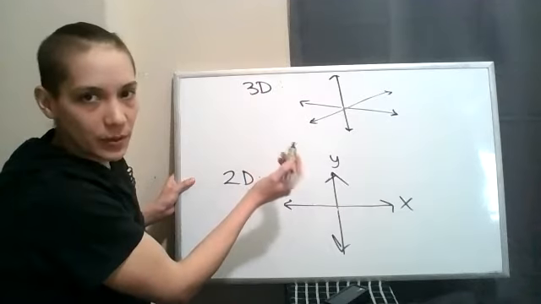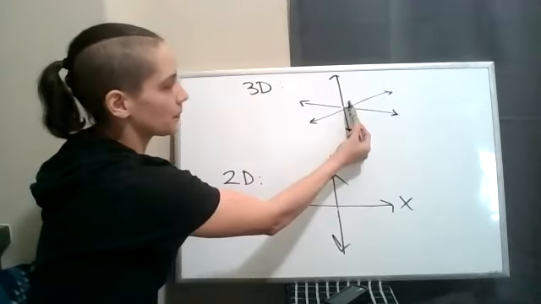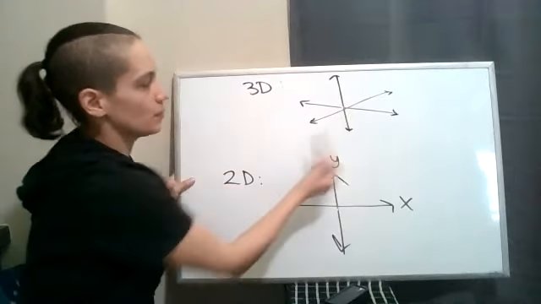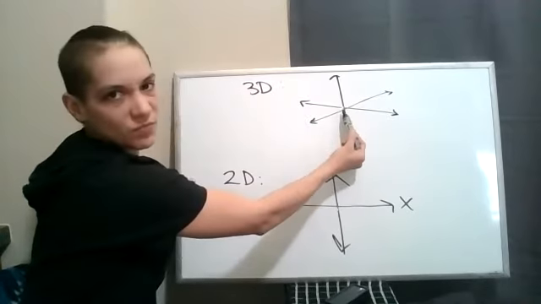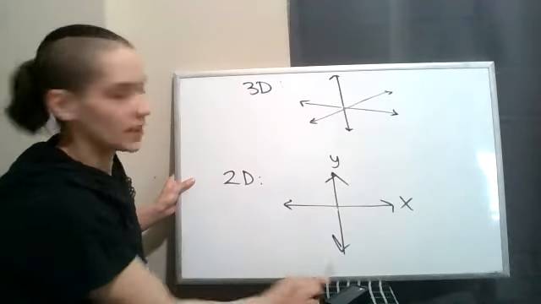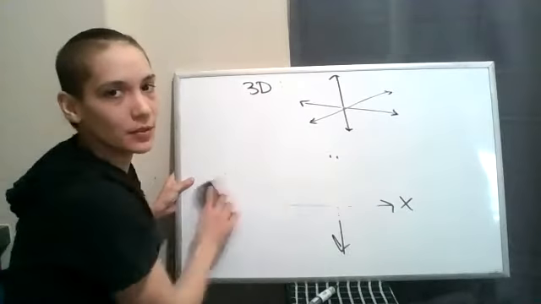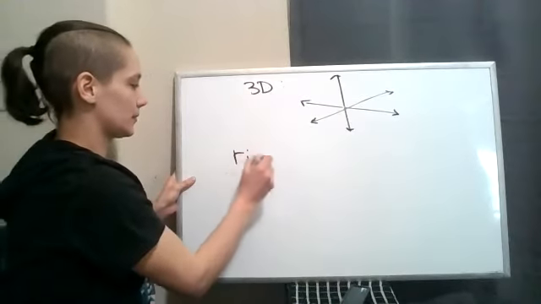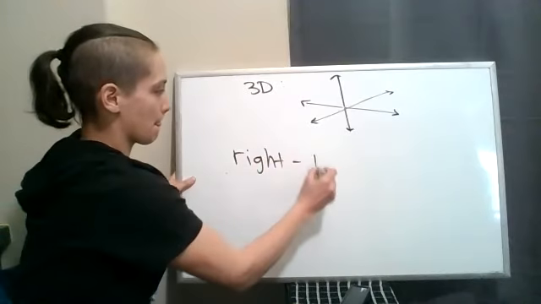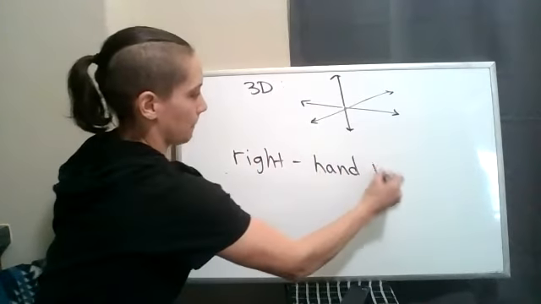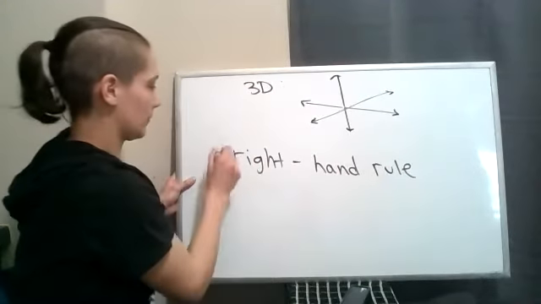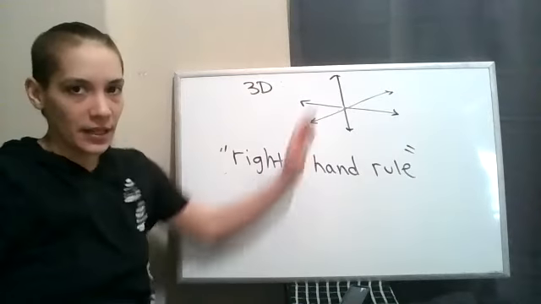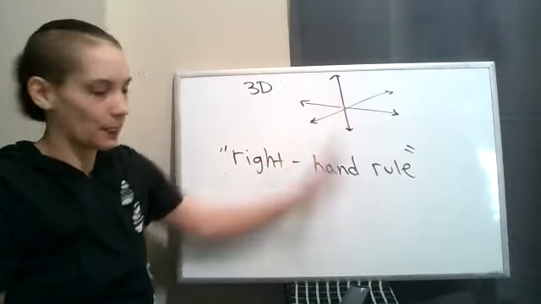Okay, first of all, before we go there, let's mark these. This would be a positive. Yeah, we'll do the rule and then the marks. So right hand rule. Okay, so imagine that you're standing here at the origin.